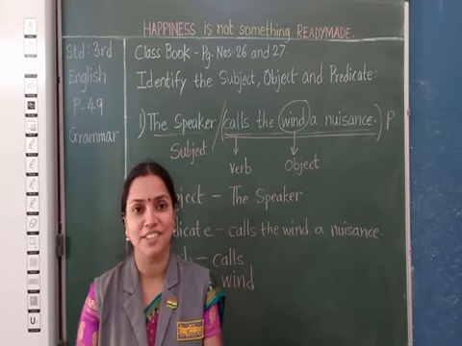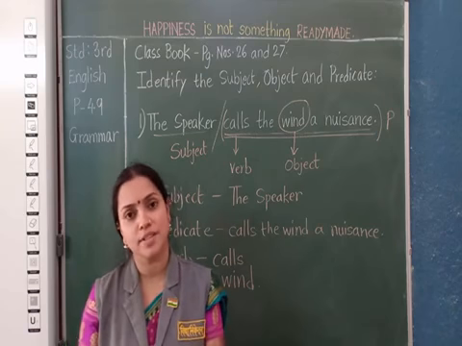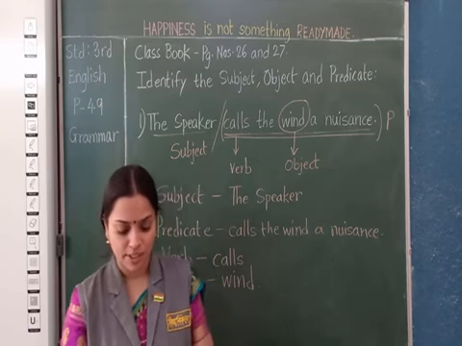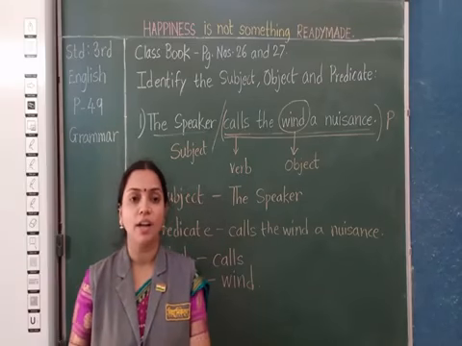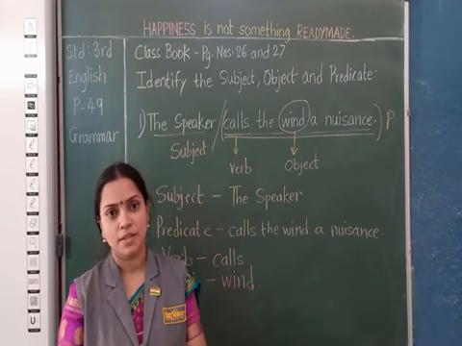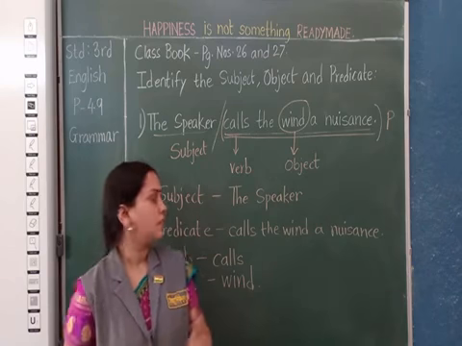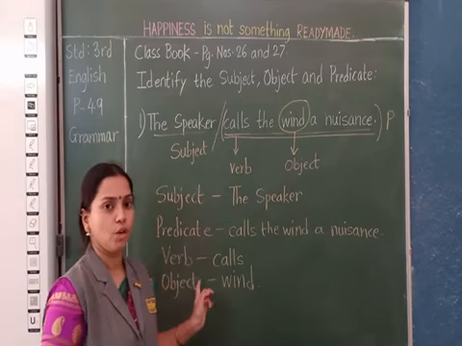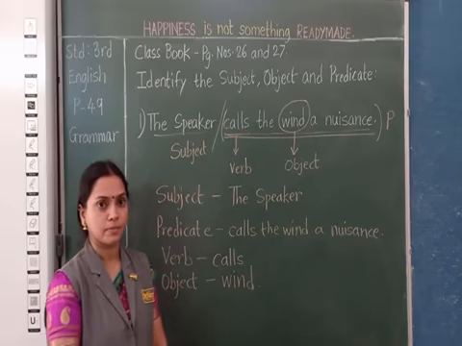So here the answer will be windmills are used to produce electricity. So these are the examples from your class book. Now for additional practice, I shall be giving you some simple sentences in which you have to identify the subject, predicate, verb and object. Let us see what are the sentences.